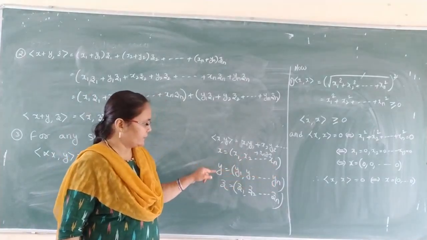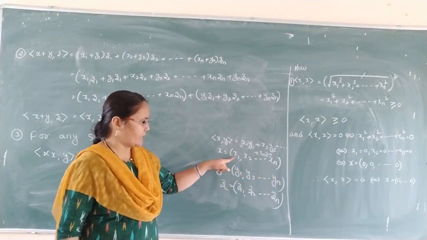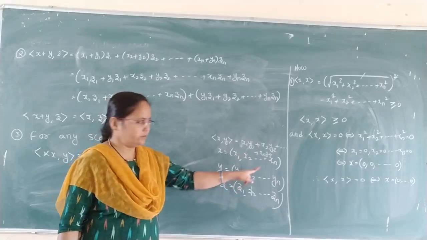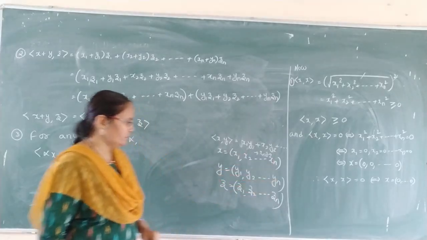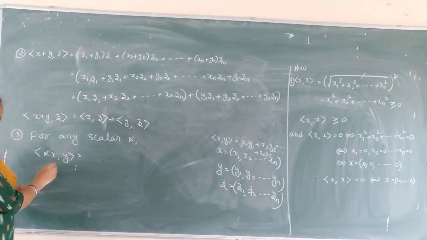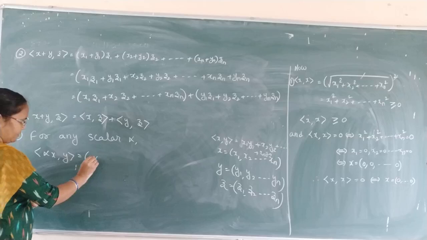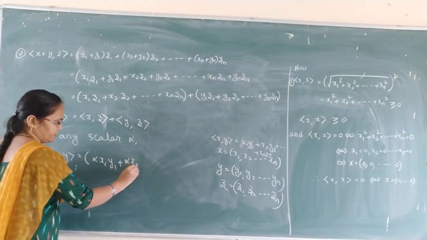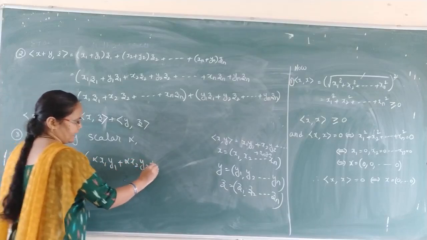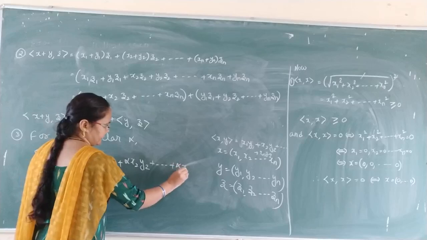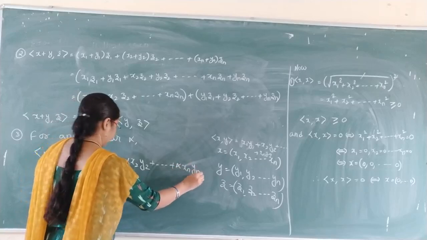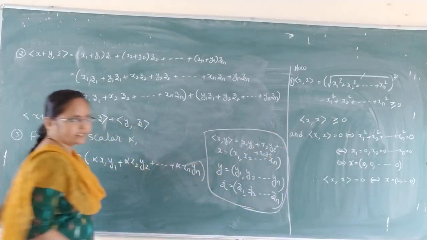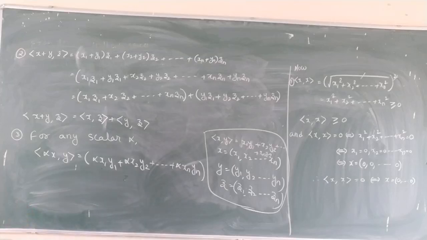So the inner product of these two means alpha x1 into y1 plus alpha x2 into y2, so on, alpha xn into yn. So this is directly alpha x1 into y1 plus alpha x2 into y2, so on, plus alpha xn into yn. See, this box part is only for your understanding purpose. No need to write it in the exams.